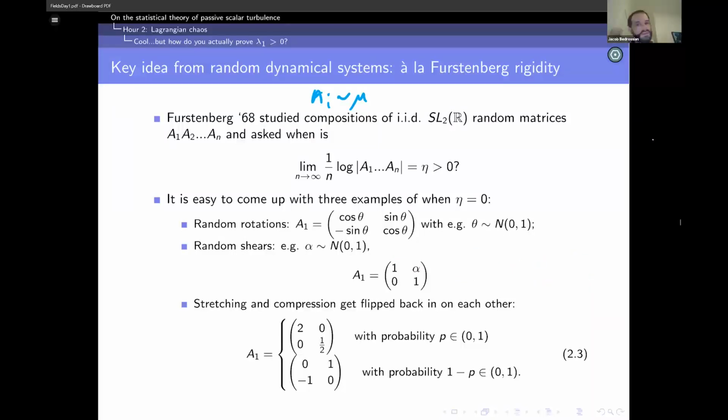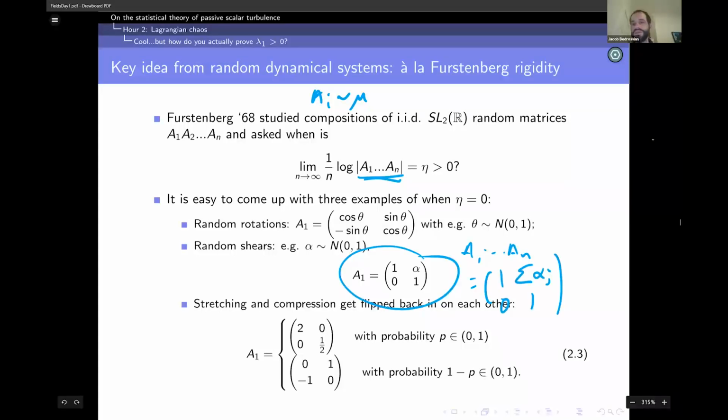Does that make sense to people? You can actually solve this explicitly in this case, and you get the sum of all the different samples of alpha_j. Right? So this could grow like square root n or even n, but it couldn't grow exponentially.